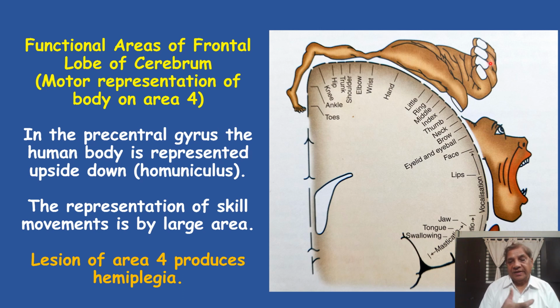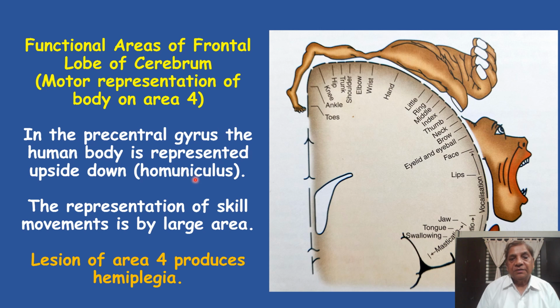Similarly, the muscles of the hand, which perform very skilled, precise movement, have a larger area as compared to the upper limb and lower limb, where the muscle mass is much more, but which are not performing very skillful movement. So you must have understood that there is a difference. The more area in the precentral gyrus is given to skillful movements of the body areas, and not to the muscle mass.